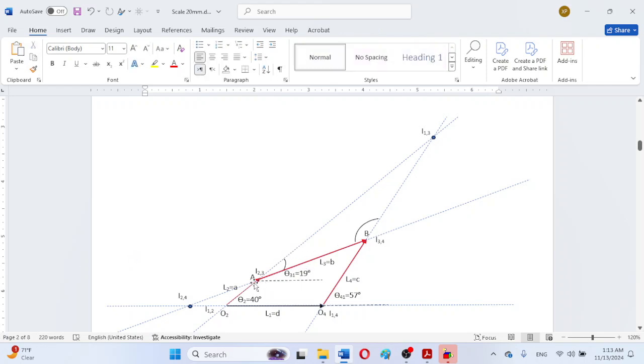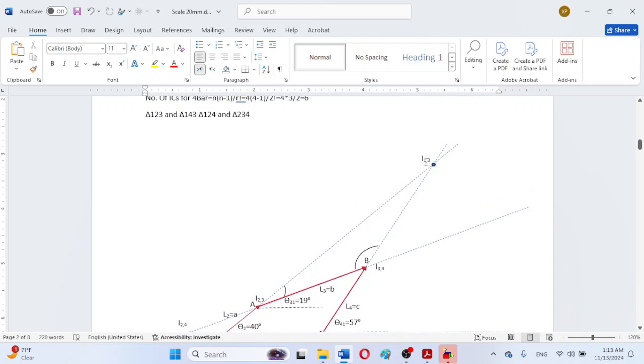While working graphically, the angles at A and B and I1,3 will be measured with the help of a protractor. In a similar manner, here like this.